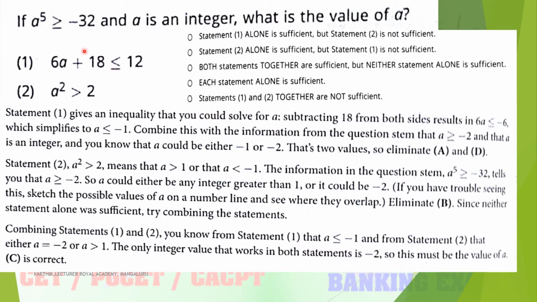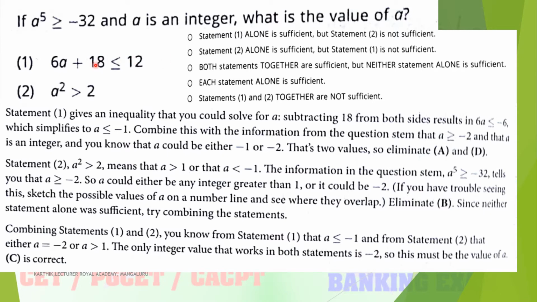It gives an inequality that you can solve for a. So how to solve? You just subtract 12. The 18 you move to the right hand side. So then what happens? 6a is less than or equal to 12 minus 18.